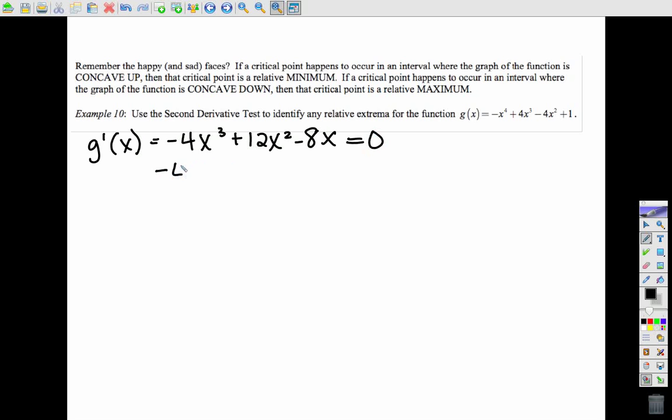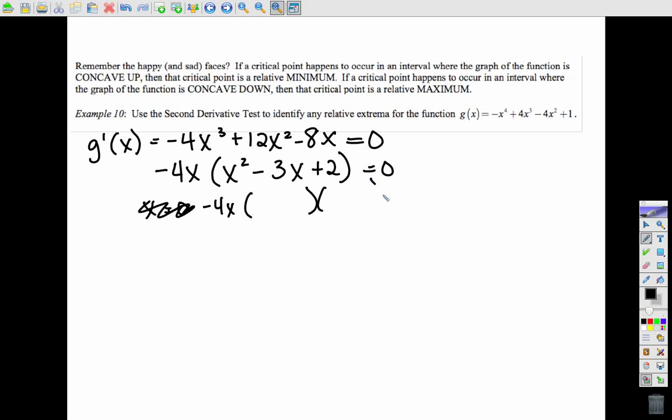So equals 0. All right, what can I take out? I can take out a negative 4x. That leaves me with x squared minus 3x plus 2. I think that's right. Oh, I got ahead of myself there.